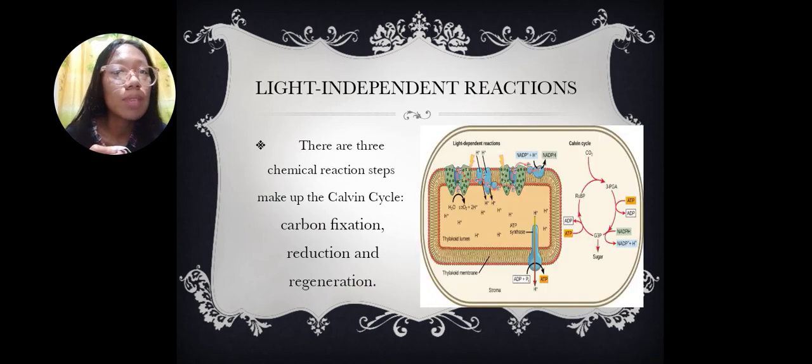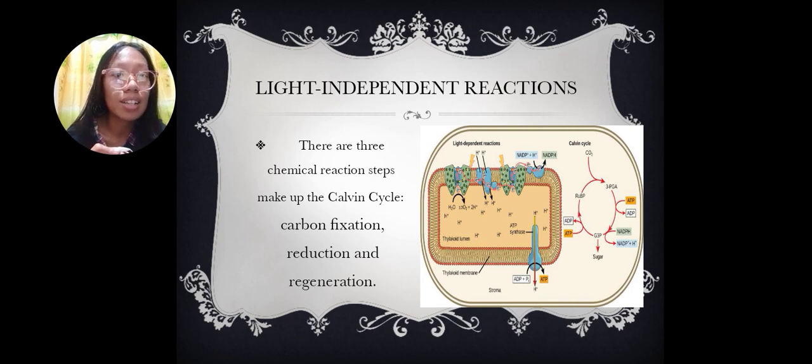The next one is the light-independent reaction. Three chemical reaction steps make up the Calvin cycle. It is also called the dark reaction. The light reaction produces ATP and NADPH, which are the rich energy sources that drive the dark reaction.